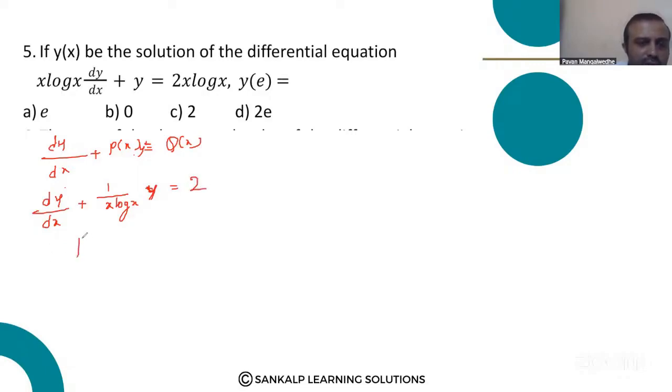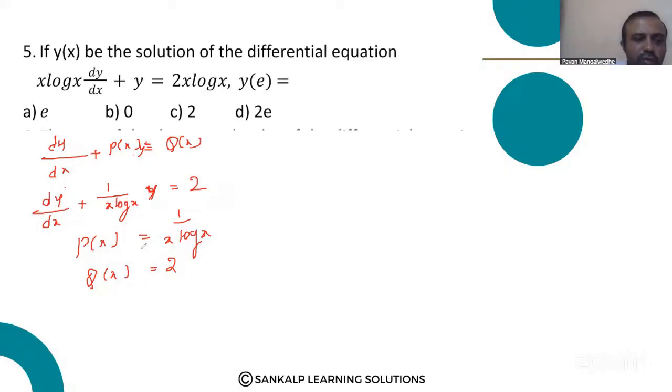That is, p of x is equal to 1 by x log of x, where p of x is what? It is the given value. For q of x also, q of x is 2.